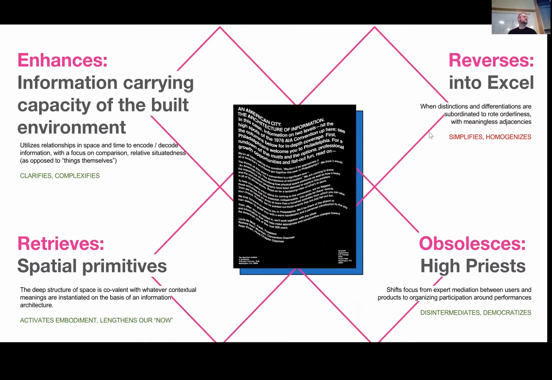This is such a dumb conception, as Wurman wanted it to be. He didn't want anything, as he tells it. It's such a dumb conception that it would be accessible to anyone. So it shifts focus from expert mediation between users and products to organizing everyone's participation around performances. What do we want out of the urban environment would be his question. This disintermediates and it democratizes, as I see it.